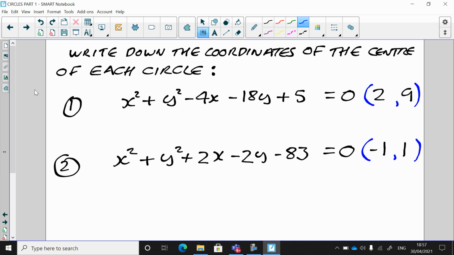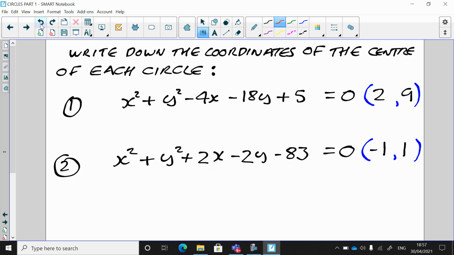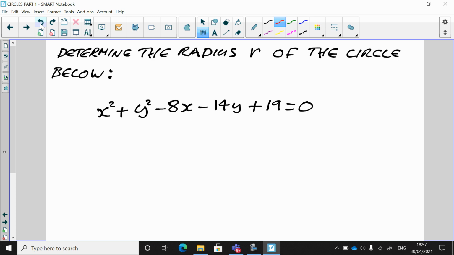There you go. So it was only the x and y terms we were interested in there in order to get the centre of the circles. That's all we were interested in there. Right, let's move on.